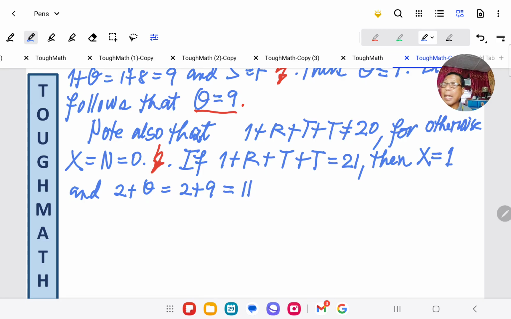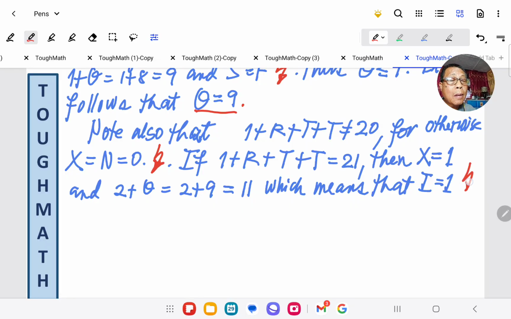So that means that I is also 1, a contradiction again. So let's put that symbol to mean there's another contradiction or violation.